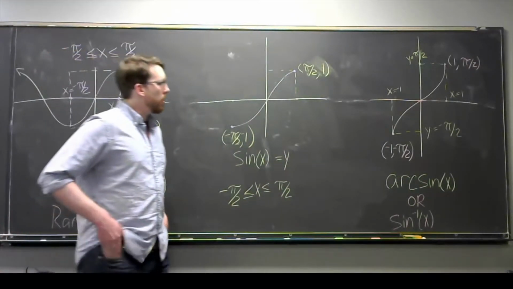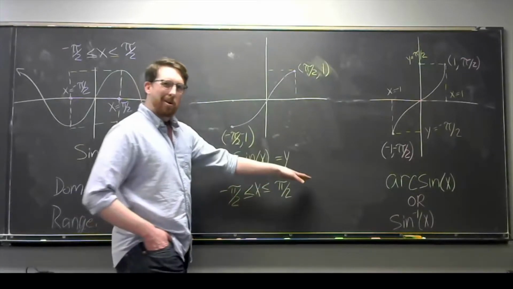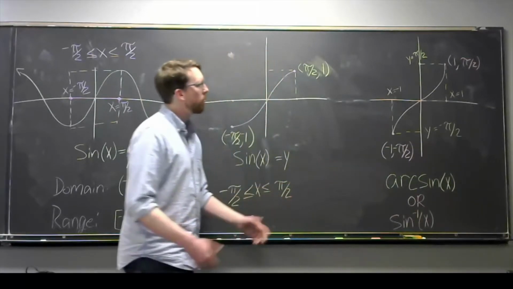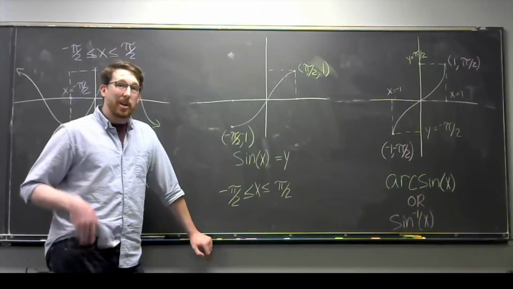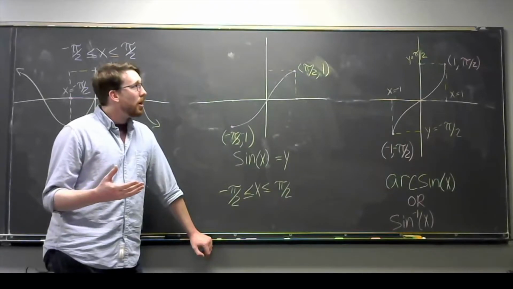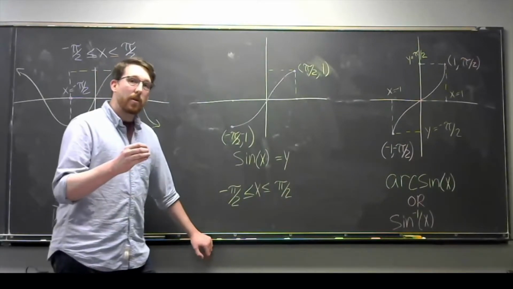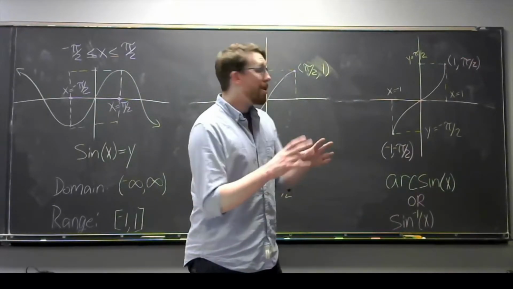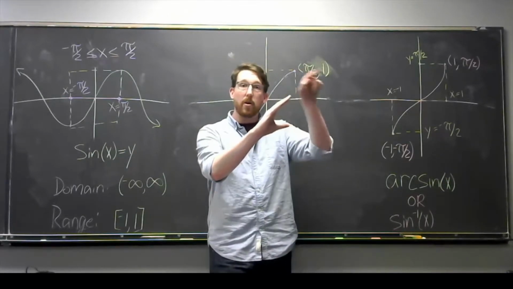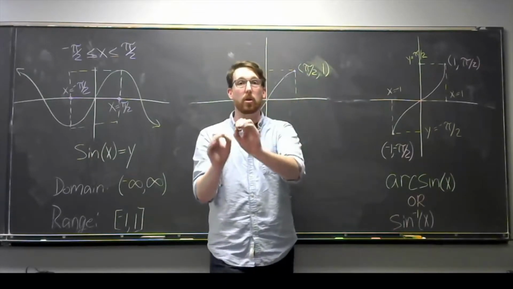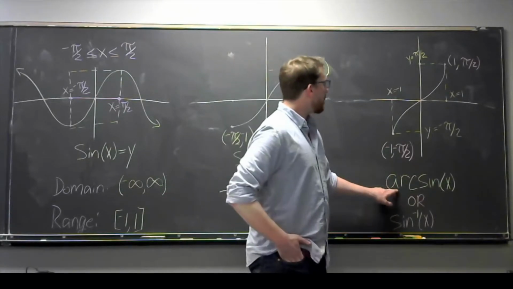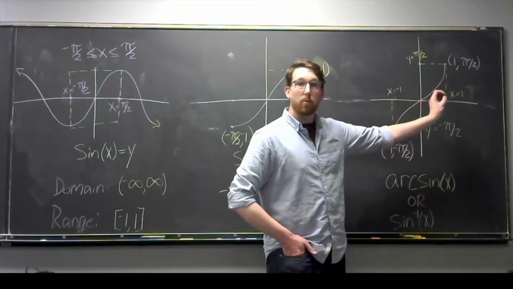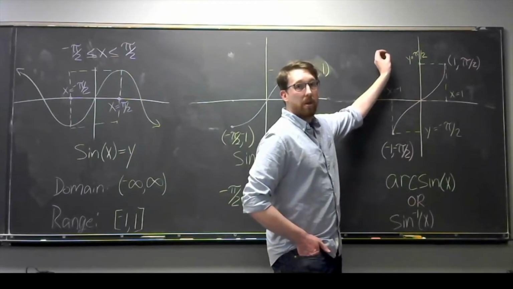Why do you think it might be called arc sine of x? What's going on there? Well, what's happening is if we have a unit circle, and we know the y value at one point along the edge, the arc sine will give us the arc length between that point 1, 0 up to whatever the other point is.